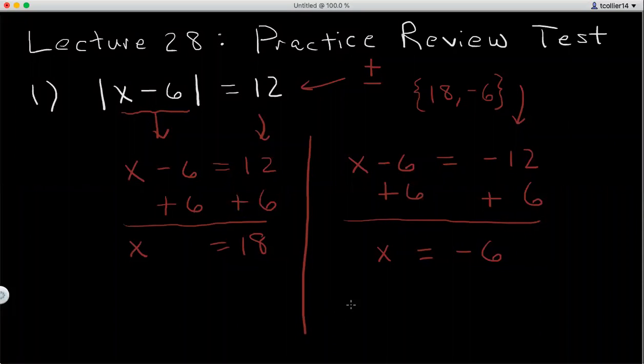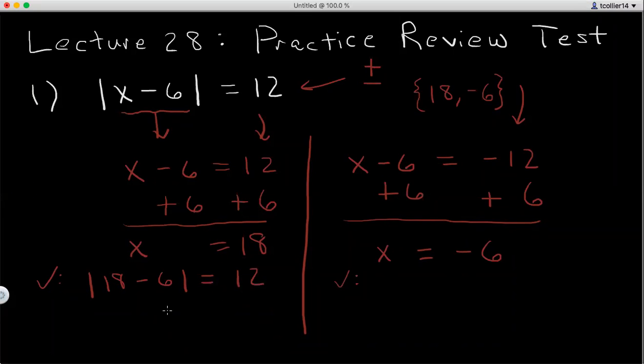Now, I also wanted to check both my answers, so we're going to check them next. Let me put a check mark on this side, and a check mark on this side. I'm going to take my original equation and plug in 18 for x. So I get the absolute value of 18 minus 6 is equal to 12.